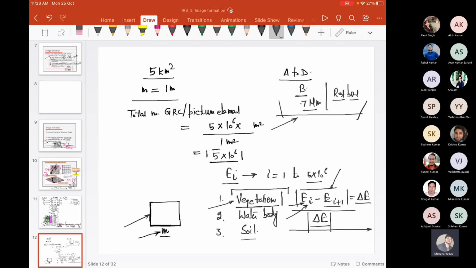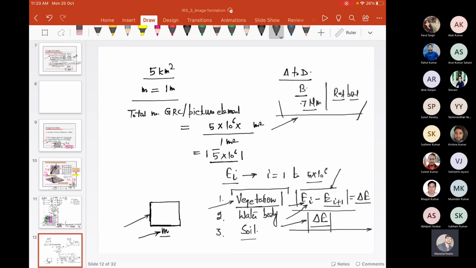Okay? So we need to design a system through which that difference can be neglected. Okay, and all energy components which vary with very slight difference are assigned the same kind of information. Okay, they are assigned the same number.